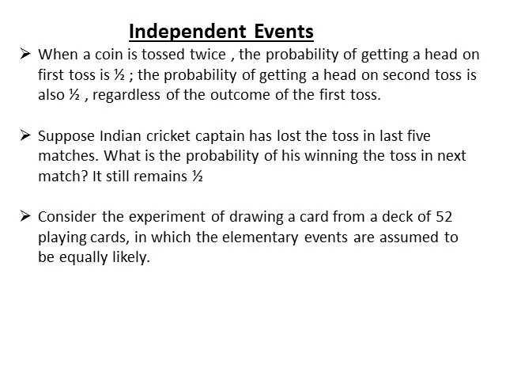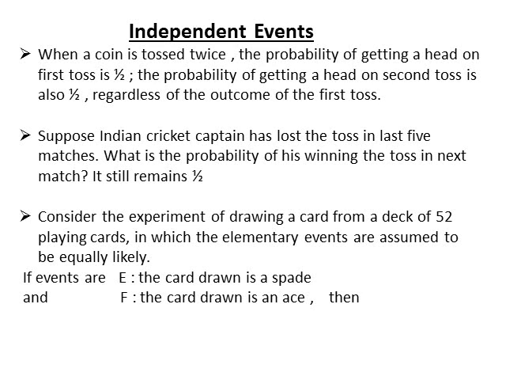Take one more example. Consider the experiment of drawing a card from a deck of 52 playing cards, in which the elementary events are assumed to be equally likely. If E be the event that the card drawn is a spade and F be the event that the card drawn is an ace, then probability of event E equals 13 by 52 equals 1 by 4 and probability of event F equals 4 by 52 equals 1 by 13.